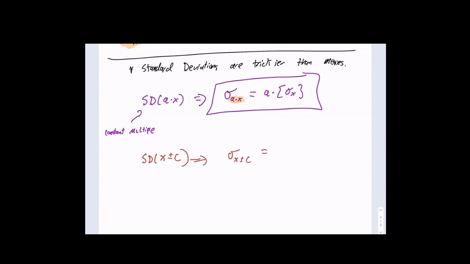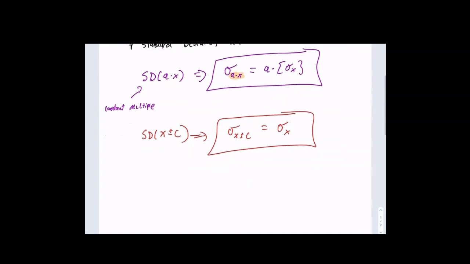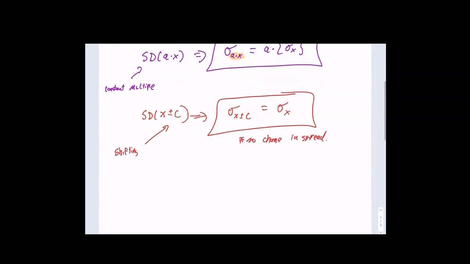This is equal to the standard deviation of x. This is the idea of shifting. So the idea here is that if we just add or subtract, there's no change in spread.